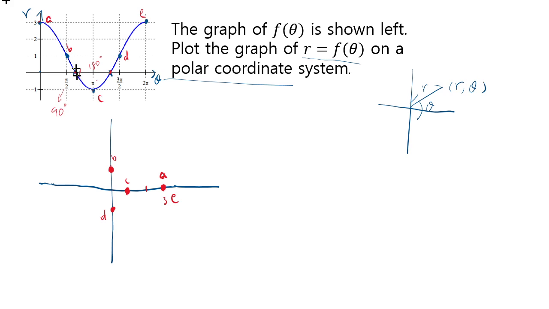Let's just assume that this is 120 degrees. If you have 120 degrees, this is the direction, and that's when the value of r becomes 0. One important thing that you have to know is that when something hits 0, the direction that it hits the origin is tangent to the angle that you're given.